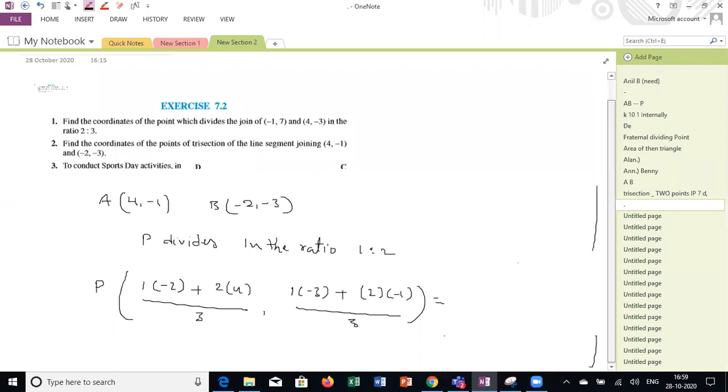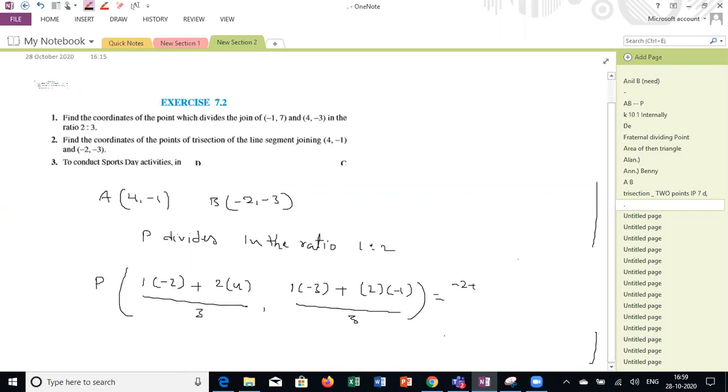I got the P point, which is the ratio of 1:2, minus 1, sir.